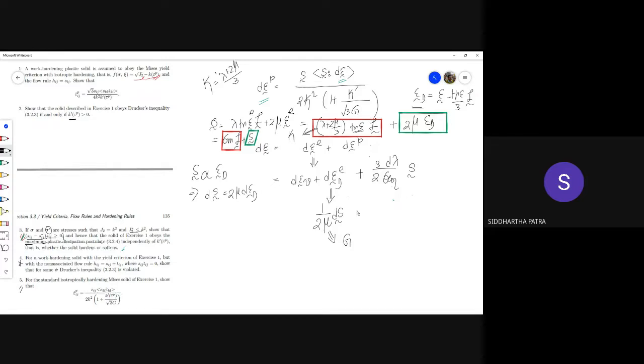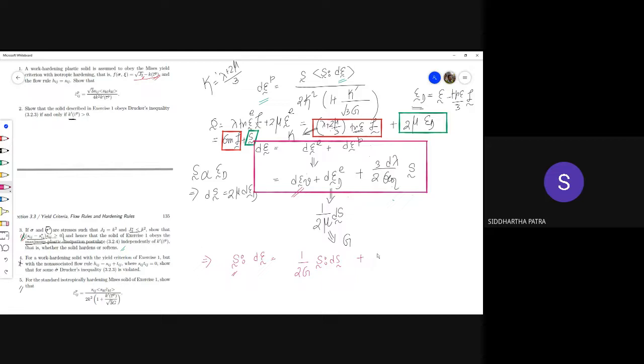Okay, so now if I write this expression for the total strain increment, from that I can write S inner product d epsilon as 1 by twice g S inner product ds, because the inner product with the volumetric part will require the trace of S, and that would actually be 0.